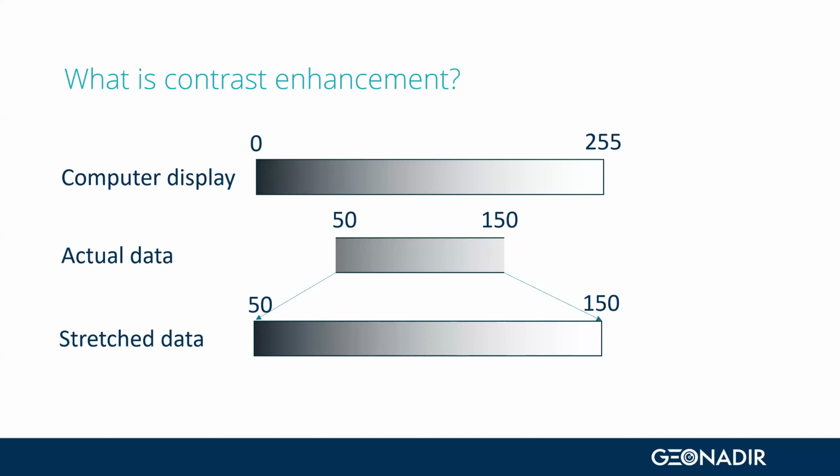That allows us to see a lot more distinction between the individual data values that we have. And then sometimes we're interested in not just all of the data that we've captured, but a portion of that, like what I was showing with the digital surface model.